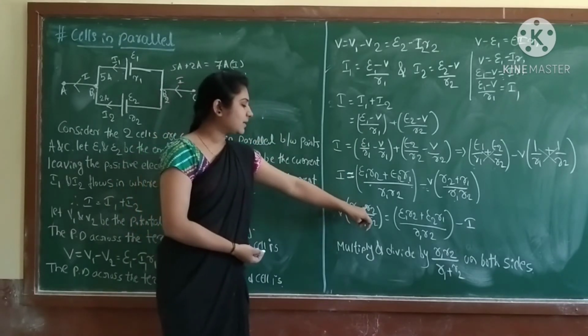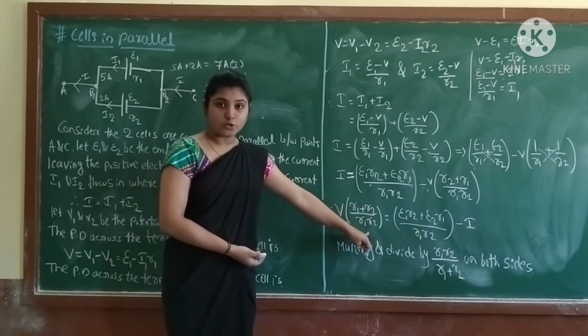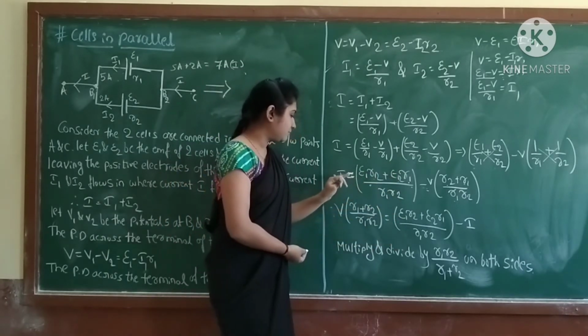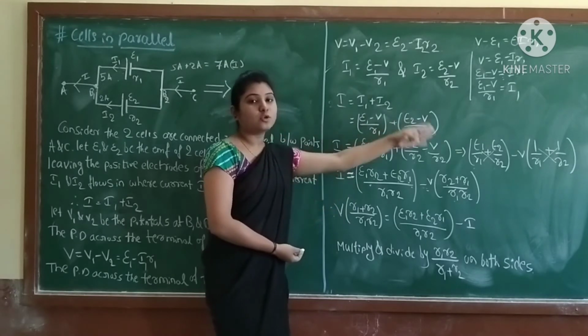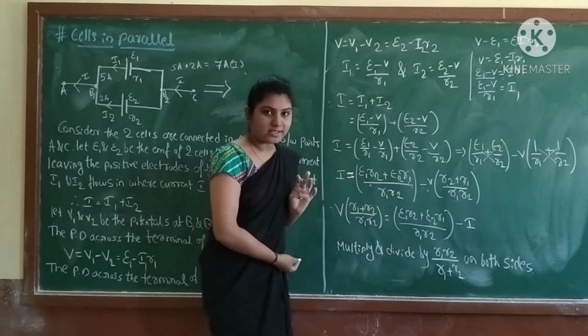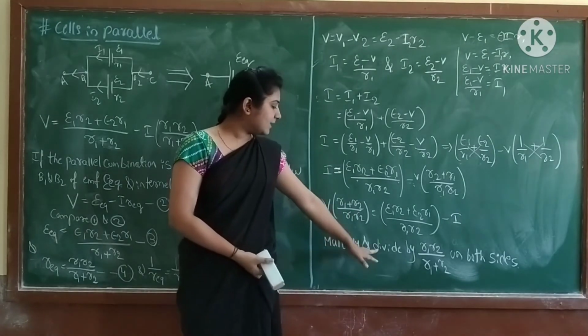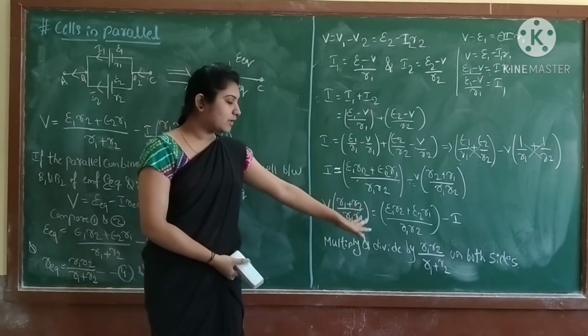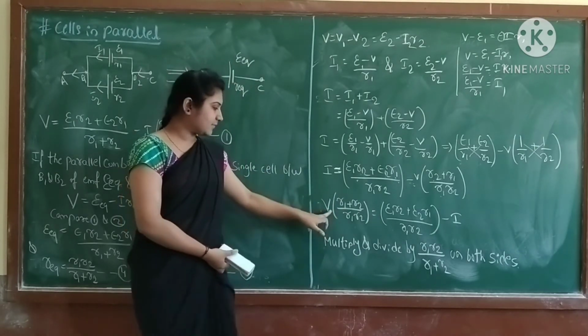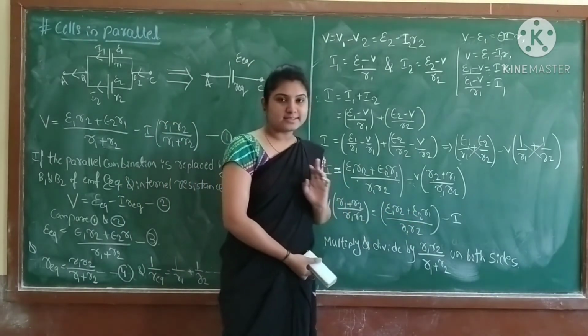So V into R1 plus R2 divided by R1 into R2 is equal to, same value you put here, and this plus I, if it goes to that side, it will become minus I. Correct? Then multiply and divide by R1 into R2 divided by R1 plus R2 on both sides. This side also and this side also.